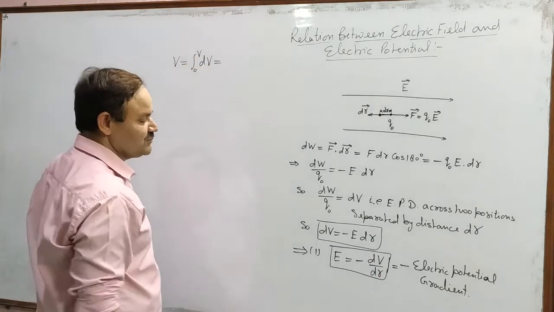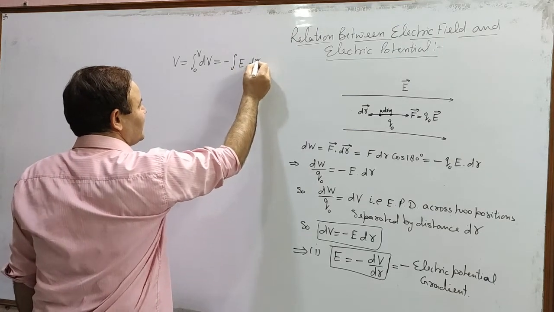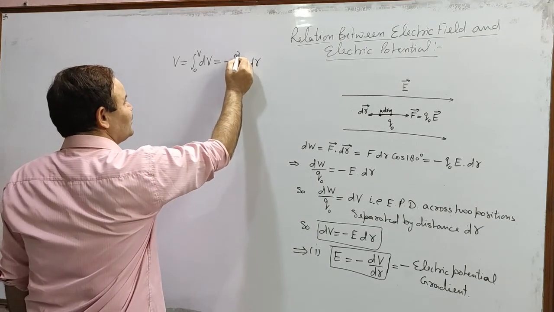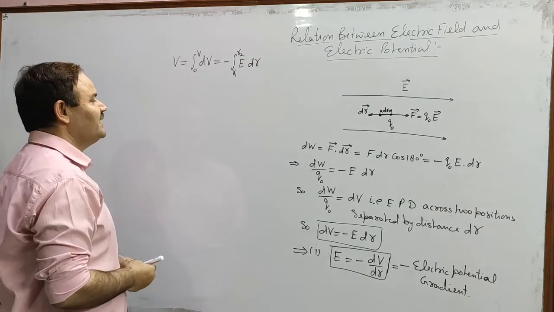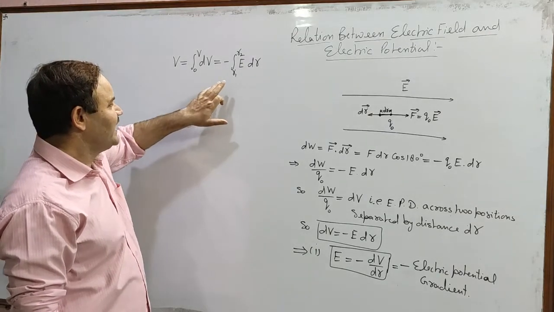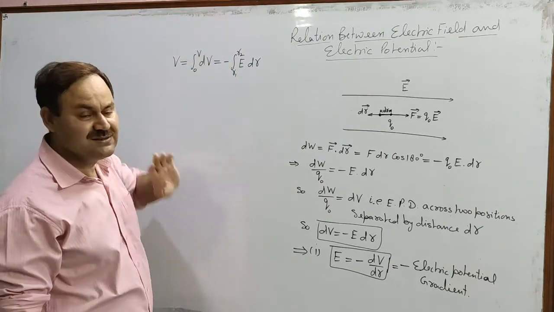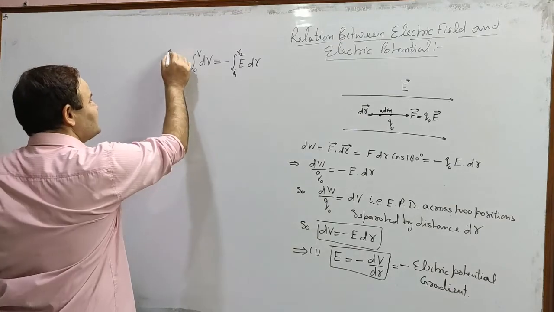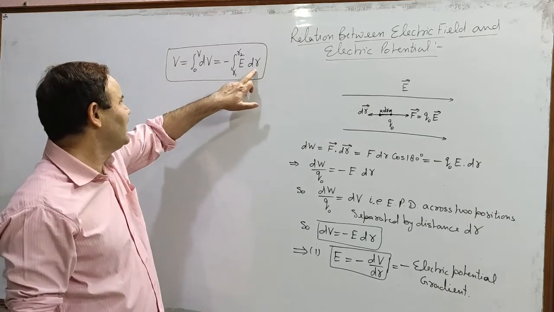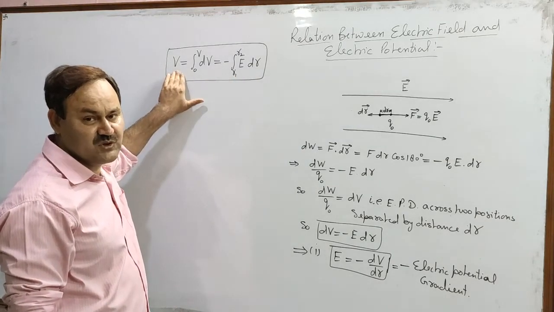This is equal to minus integral E dr, and if r is changing from r1 to r2, then it will give us electric potential difference across two positions represented by r1 and r2. Thus, by integrating electric field with distance r, we can get electric potential or electric potential difference.